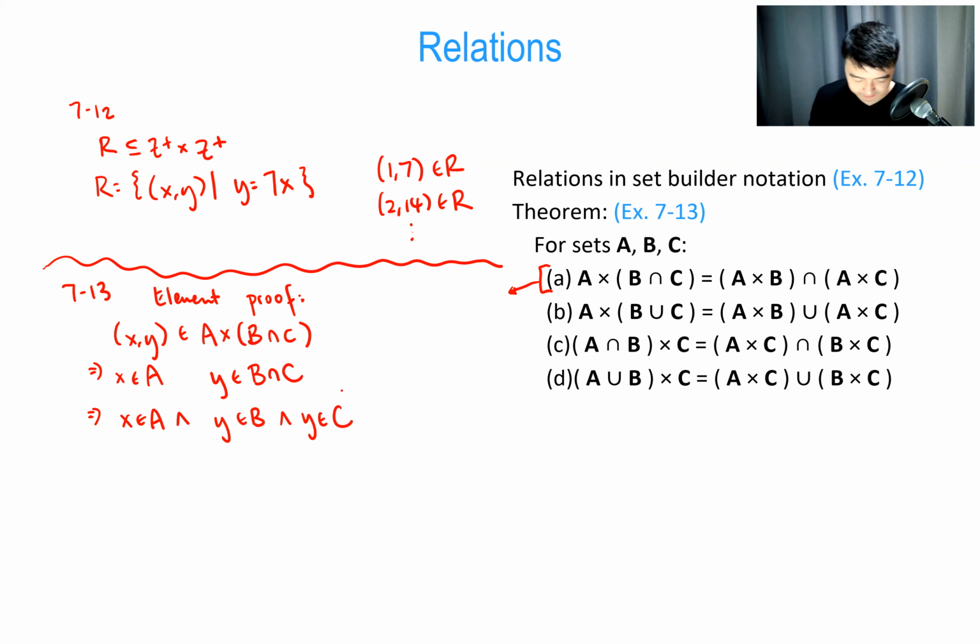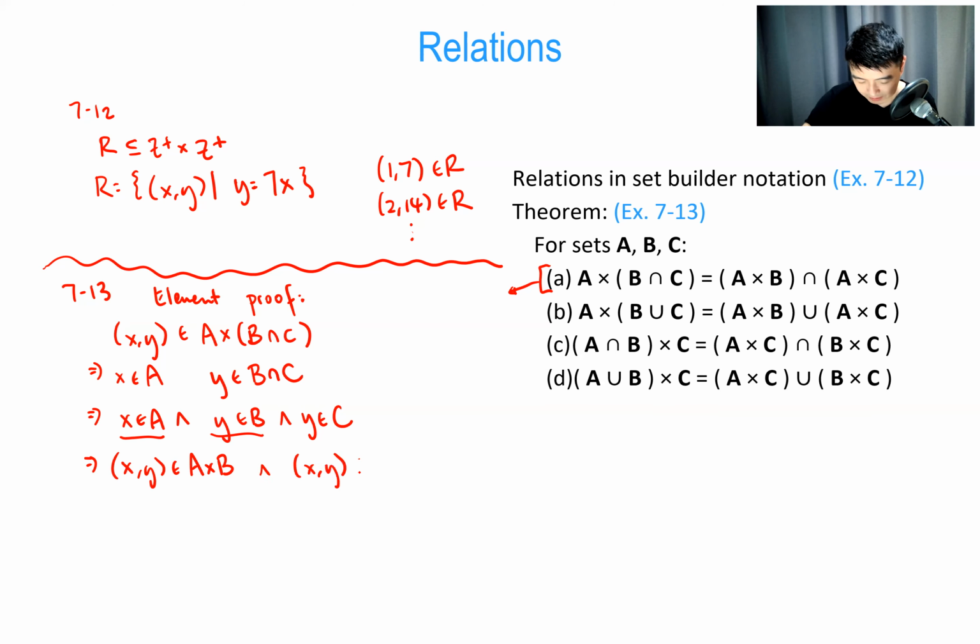Okay, so this is what we have so far. Now, from here, we can quite simply go to the other side and say that xy is found in A cross B. So if x is in A and y is in B, then xy must be in A cross B. What else? And xy must be in A cross C, right?